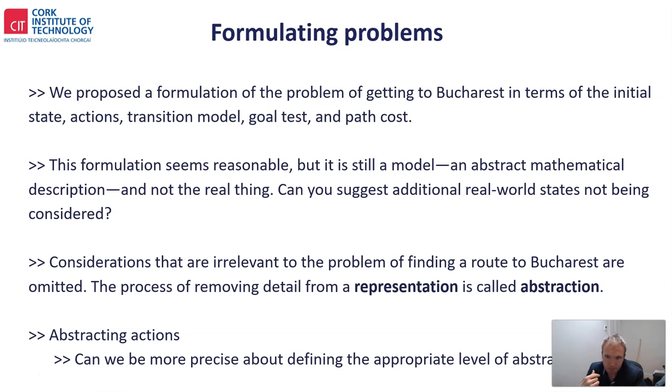In addition to abstracting the state description, which is the city, we also have to abstract the actions themselves. For instance, a driving action can have a multitude of effects, as well as changing the location of the vehicle.